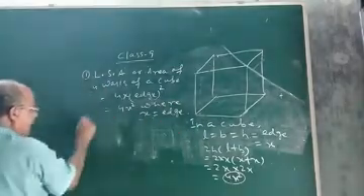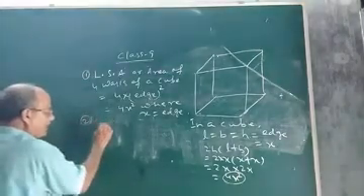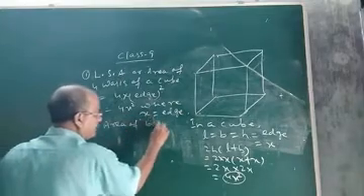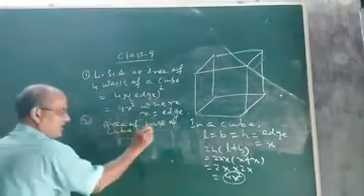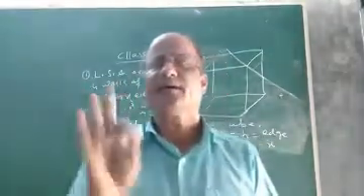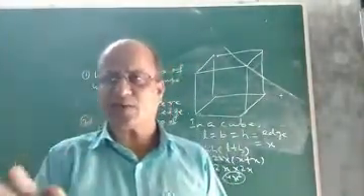Now similarly, how to get the total surface area? Before finding total surface area, let us find area of base. What will be the area of base of cube? As I told you just now, a cube has 6 plane surfaces. All the faces are squares.